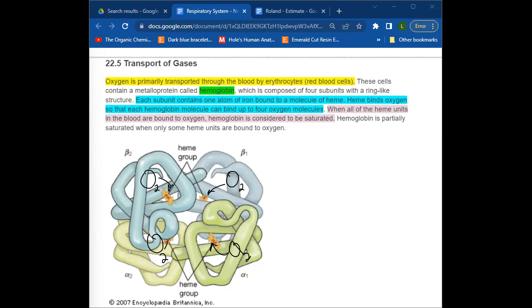Okay, the thing is, when all 4 oxygens are on a hemoglobin, then that's when the hemoglobin is called saturated. And then when some of the irons are missing an oxygen, then that's when hemoglobin is just called partially saturated.